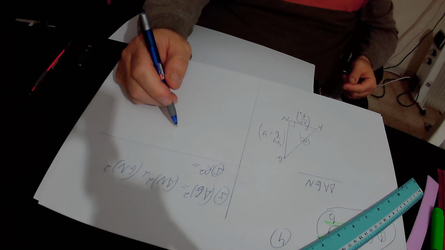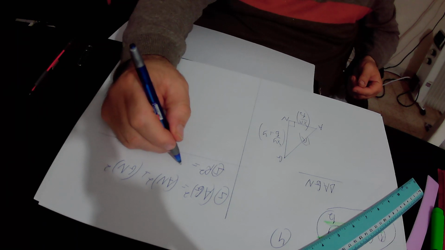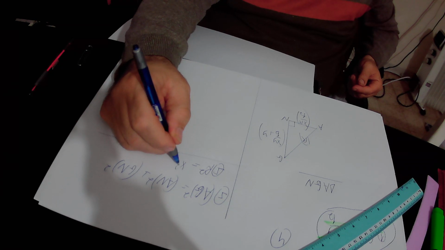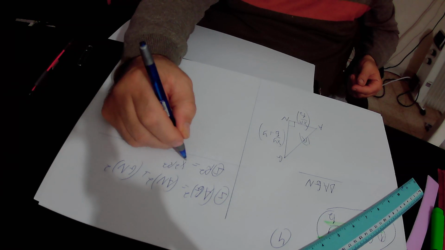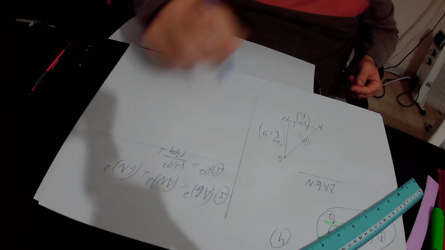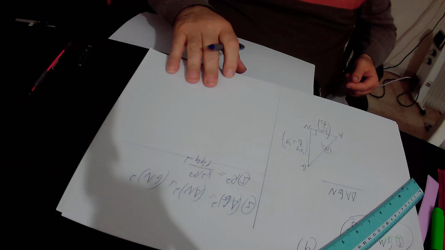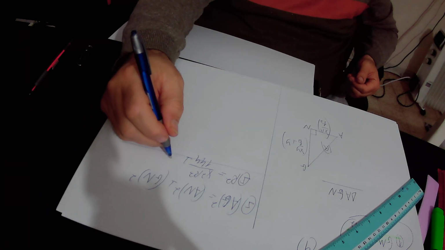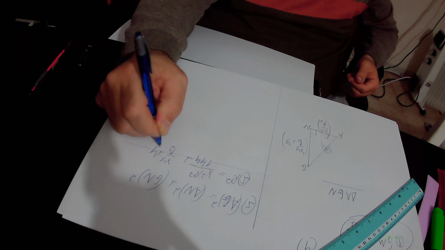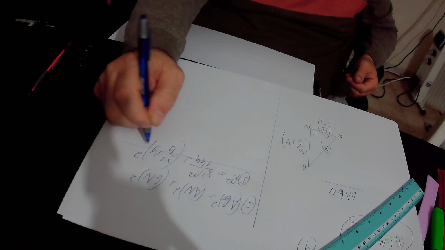AN is x times R over 12, therefore AN squared is x squared times R squared over 12 squared, that is 144, plus GN squared. GN is xy over 12 plus y, therefore GN squared is (xy over 12 plus y) squared.